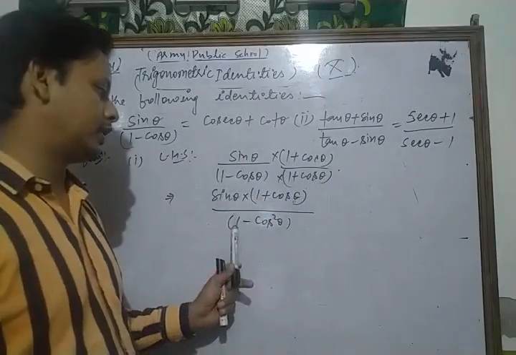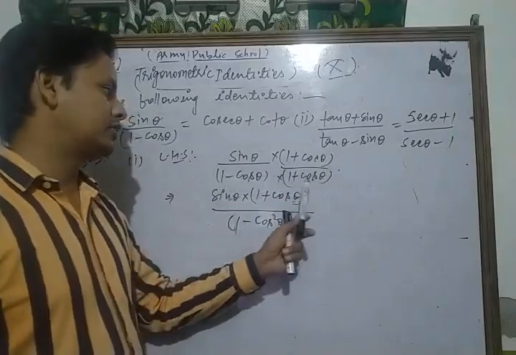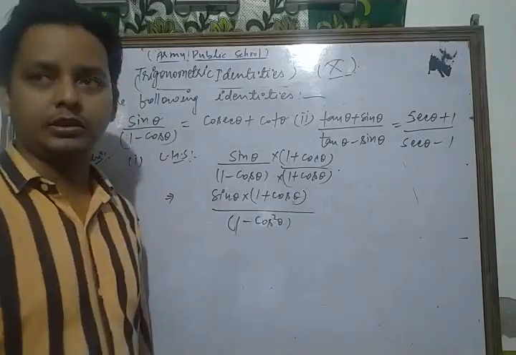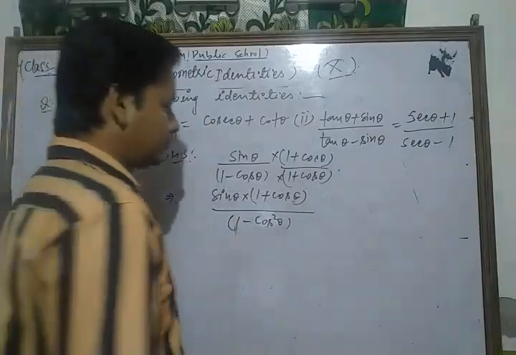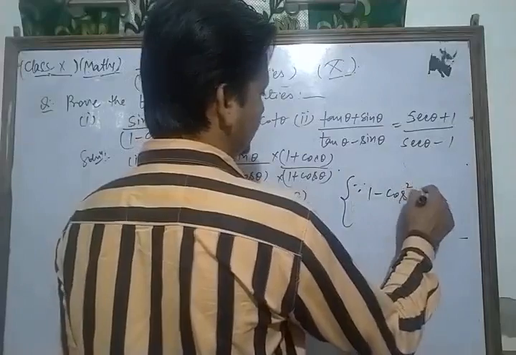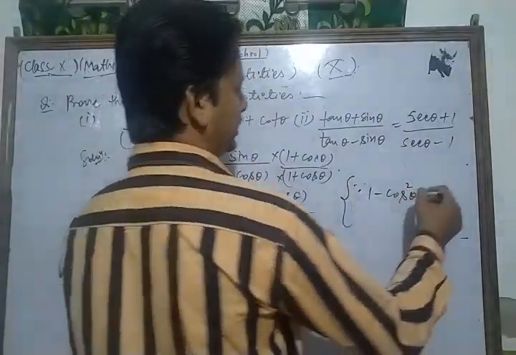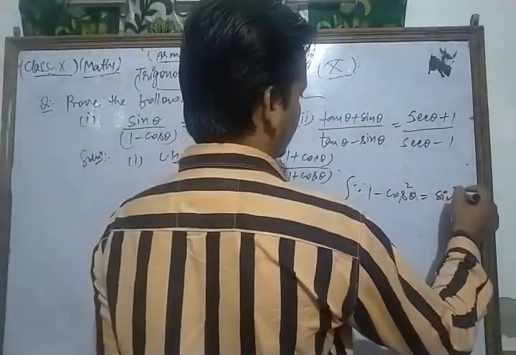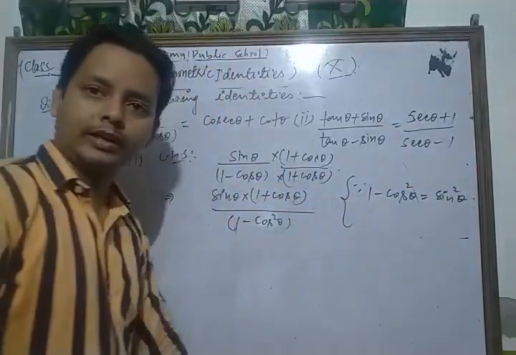A square means 1 square as 1, minus b square means cos square theta. Now, since we know that using the identity, 1 minus cos square theta is equal to sin square theta.